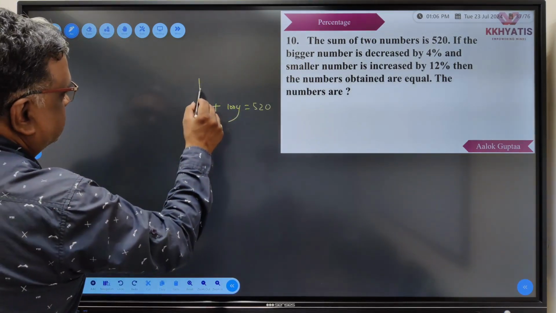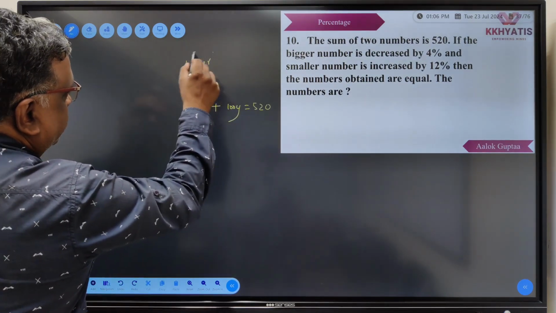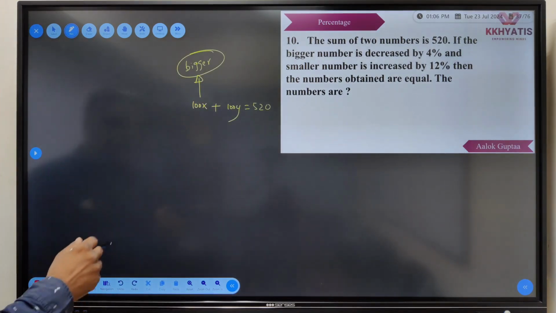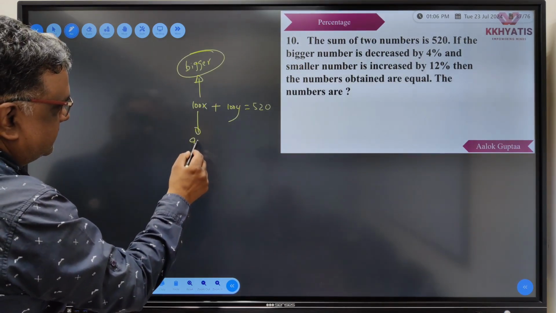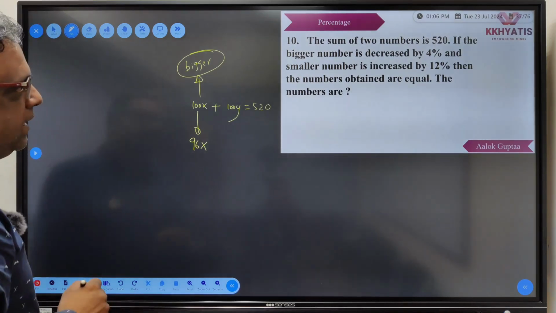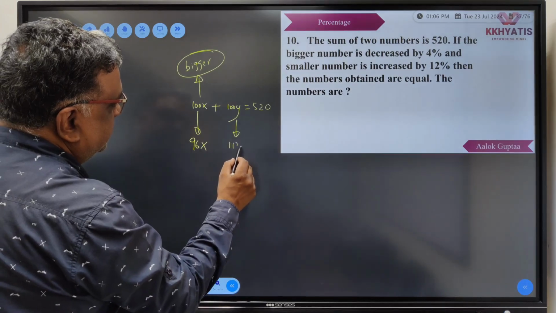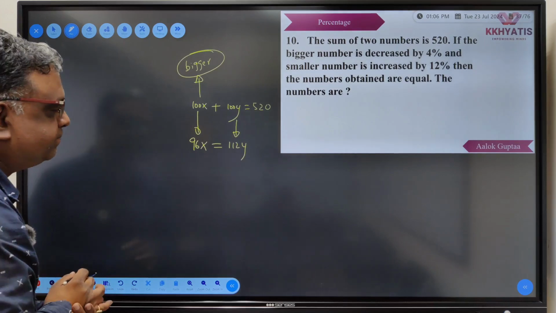So I am assuming this to be the bigger number. I can assume any number as the bigger number. When it is decreased by 4%, this is made 96x, and this is increased by 12%, which means this is made 112y. Then these two numbers become equal. Correct?